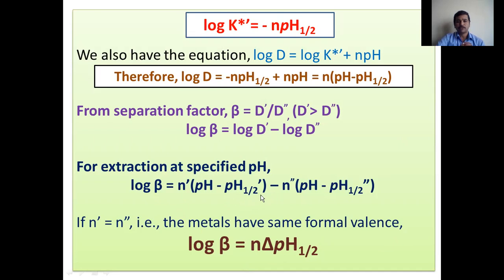So n dash into pH minus n dash into pH will get cancelled if n dash is equal to n double dash. Then n dash into pH of double dash minus n dash into pH of dash, you will get delta pH of. Simply we will write n into delta pH of. So log beta is equal to n into delta pH of.